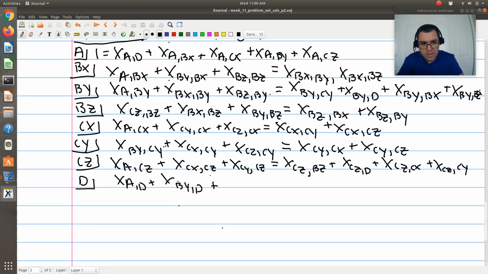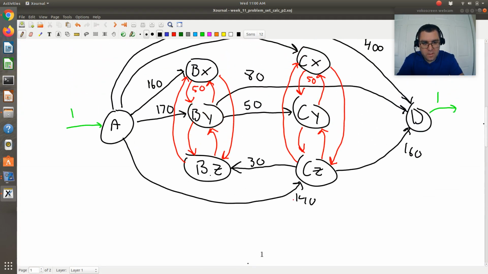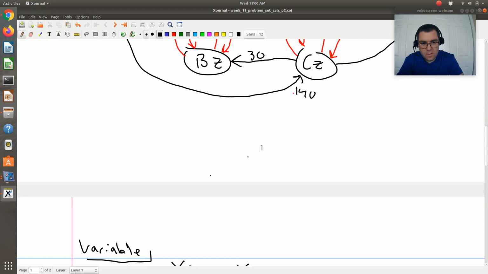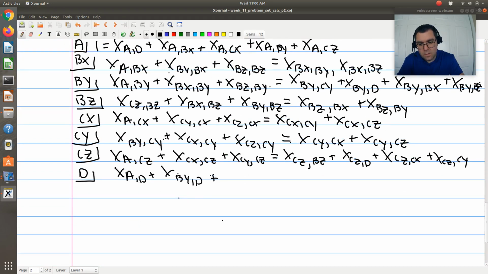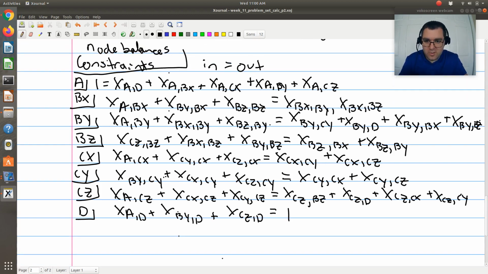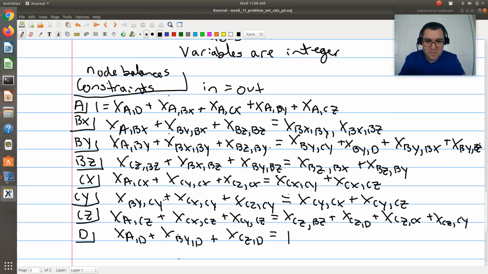And then we had CZ. Okay, and then coming out is 1. Okay, so there's my system of node balance constraints.